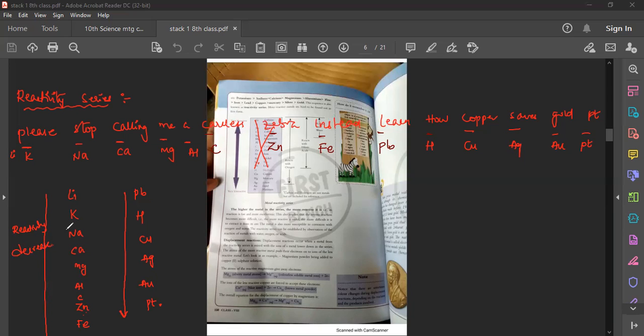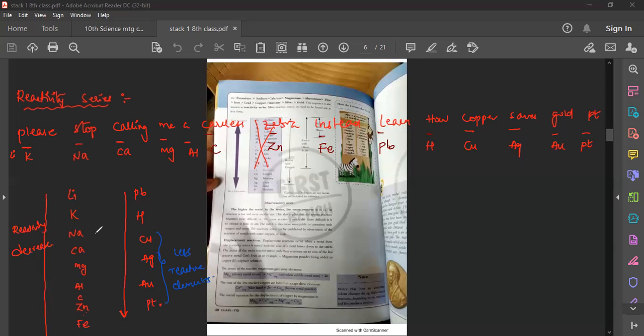That means, which one is the most reactive here? Lithium. The less reactive elements are at the last. So lithium is the most reactive element and platinum is the least reactive element. As we go from top to bottom, reactivity will decrease.